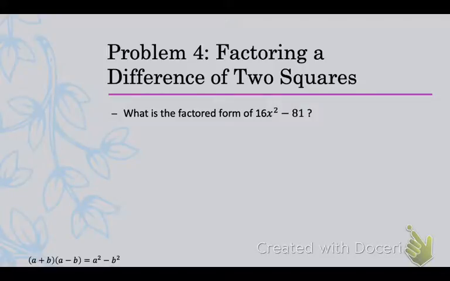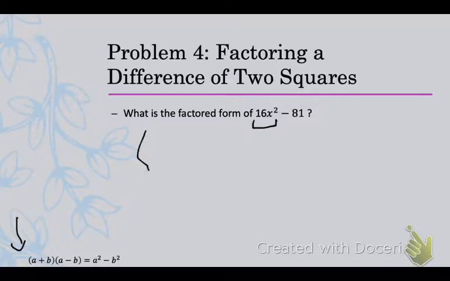Okay, so this is going to be a little bit different because now we have more terms in front of x. But it should not really make that much of a difference because I'm going to keep with my pattern. So this time a squared is 16x squared. So a itself, if I take the square root of that whole thing, will just be 4x.